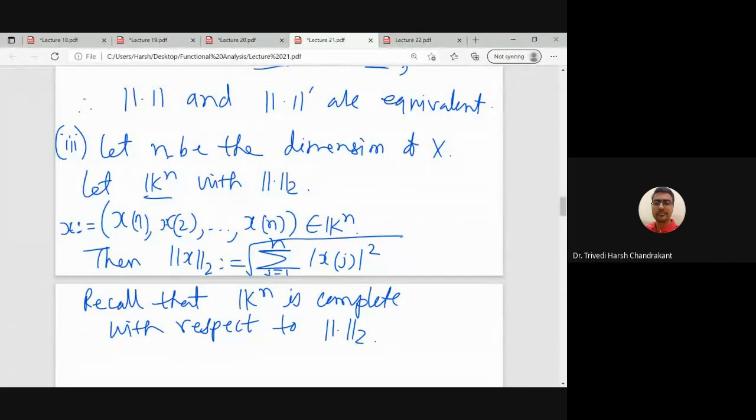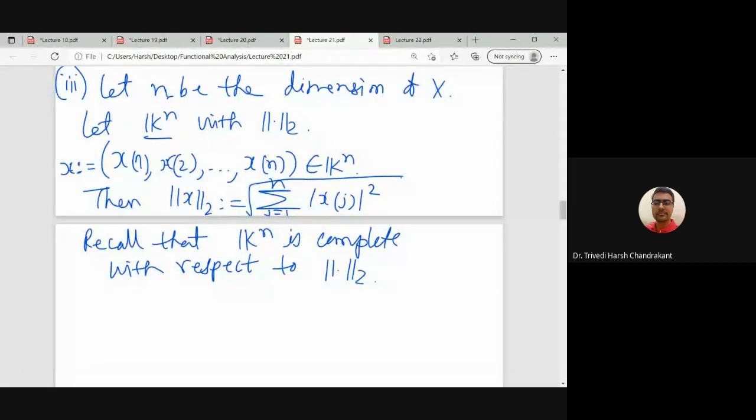So Kn is a complete normed space, and if we can define a bijection from Kn to X which is linear, we are done. So let us simply define it. Since X is finite dimensional, it has a basis, right?